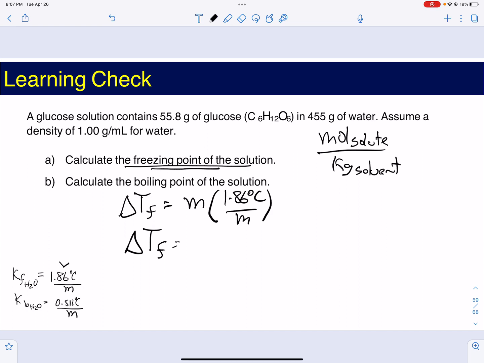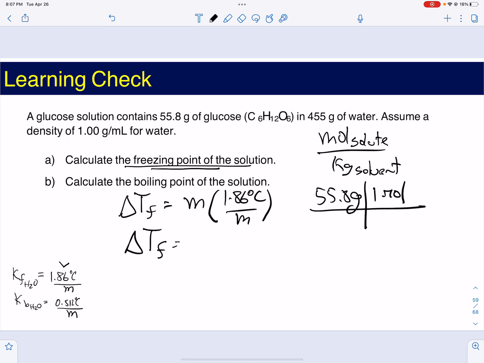So moles of solute is going to be 55.8 grams of glucose over, let's change these to moles first.